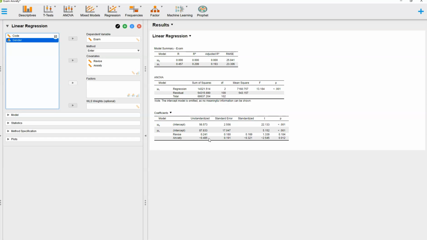So now we have 3 values. We have the intercept, we have the combination of revise and its slope, and we have the combination of anxiety and its slope. We add them all together, and that becomes our predicted output, our y value, what we're assuming the exam score is going to be.